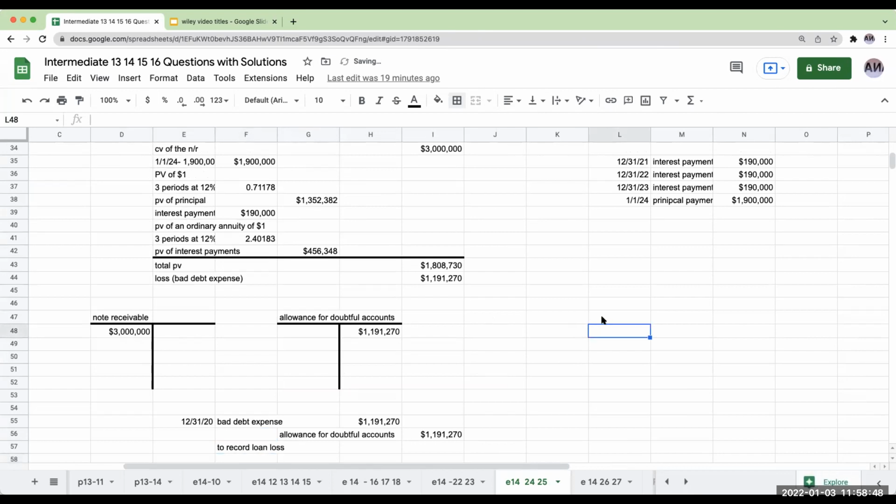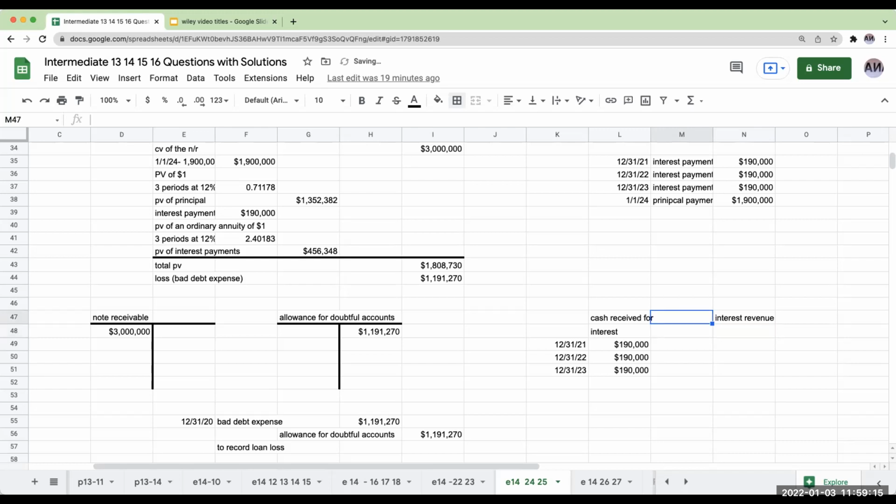How is this going to work? Well, I know that my cash received for interest is going to be 190,000 on 12/31/21, 12/31/22, and 12/31/23, each of those years.